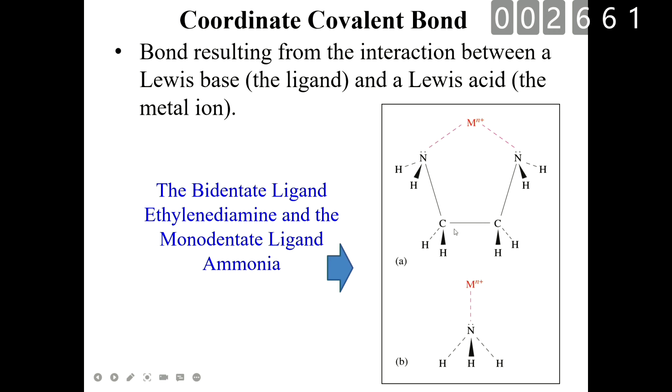Okay, ethylene and the diamine. This is amine, right? This is nitrogen. There are two nitrogen. So in this ligand, there are two nitrogen atoms. And we know each nitrogen atom has one pair, right? One lone pair.